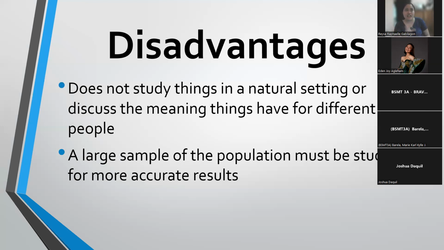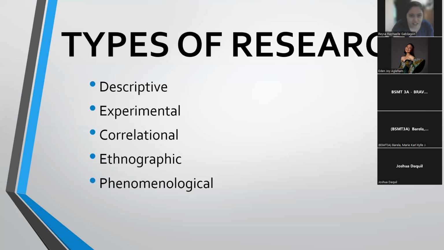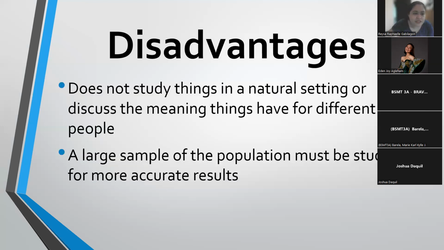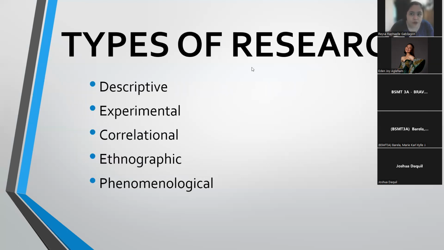Your results cannot be used for generalization. Hindi yan siya matatawag na accurate. Okay? Questions about the quanti and the quali before we dig deeper into the types of research? Though na-mention ko na ito last time. Let's get to know about them more.